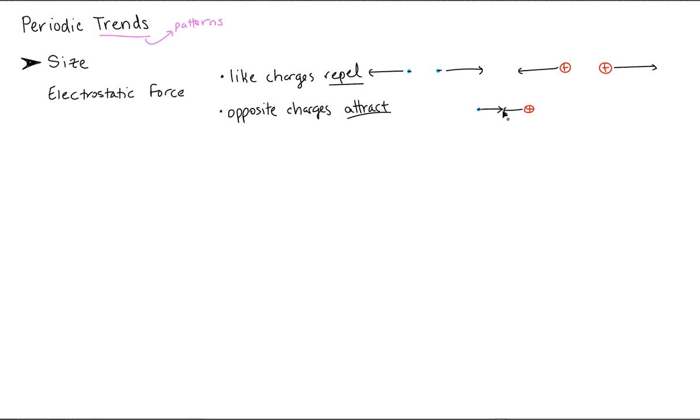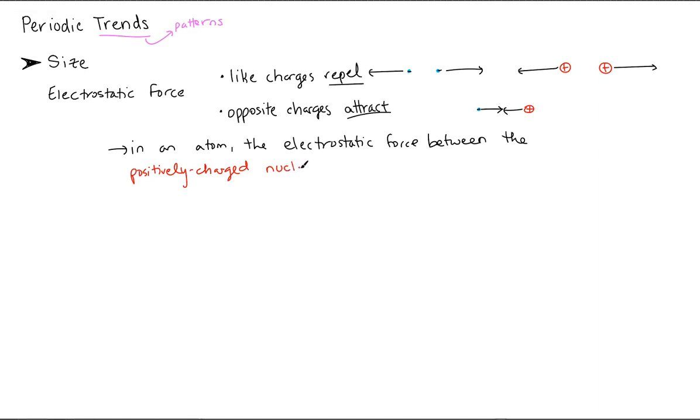Well, what does that mean for us in an atom? In an atom, the electrostatic force between the positively charged nucleus. Why is a nucleus positively charged? Because it's full of protons, right? Remember that in an atom, we have our protons, which are positively charged, in the nucleus.